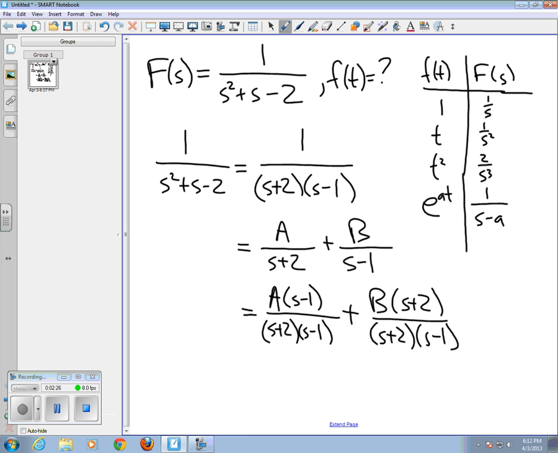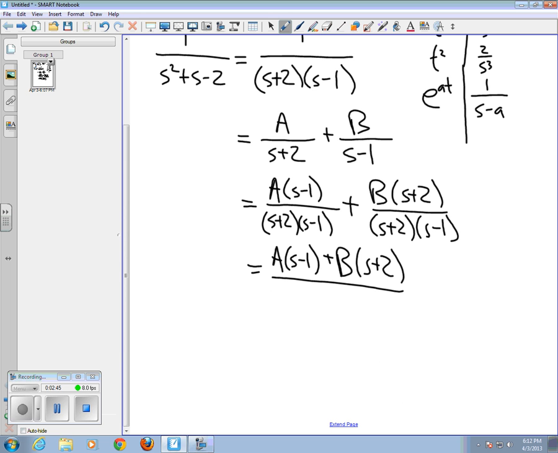And you can see now that we have a common denominator. So this is equal to A times s minus 1 plus B times s plus 2, over s plus 2 times s minus 1.